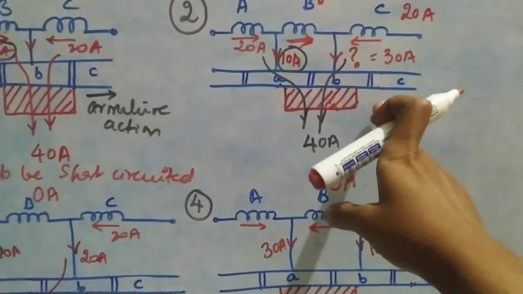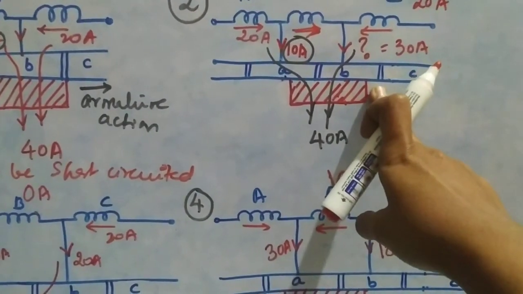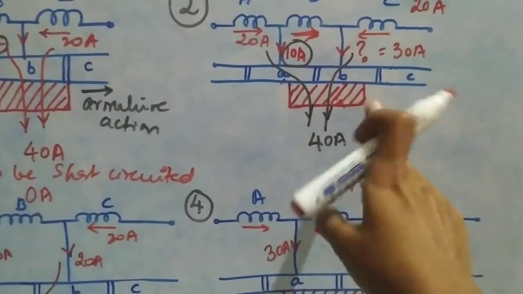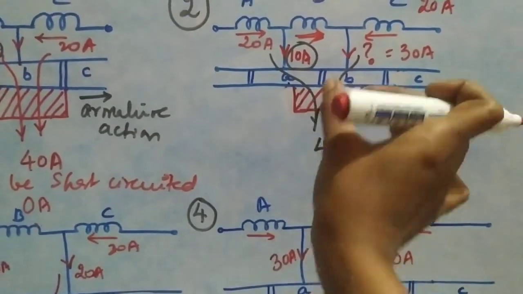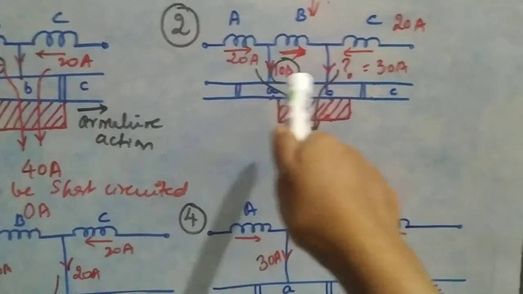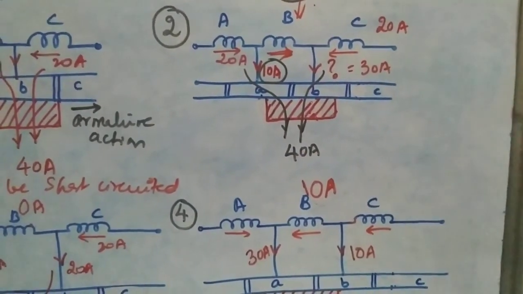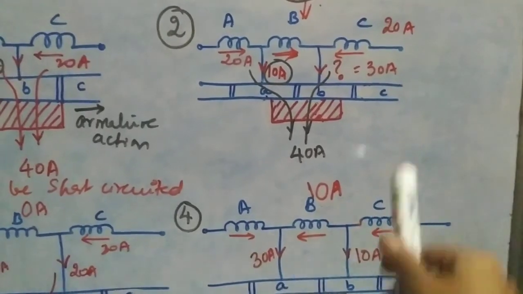Whereas in your second figure you found that some part of the contact is getting reduced, it was 75% under segment B. So there will be more current under this segment compared to the contact under segment A. That is why we had taken this to be 30 amps.